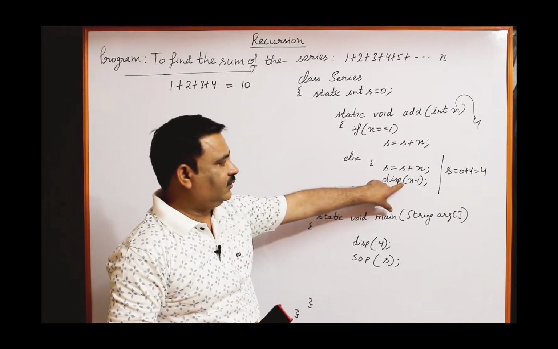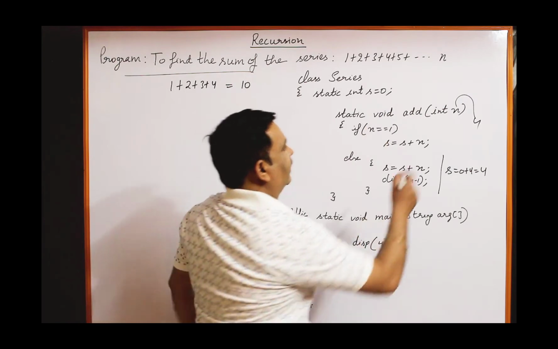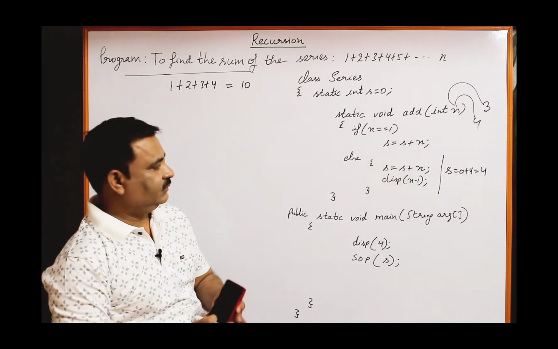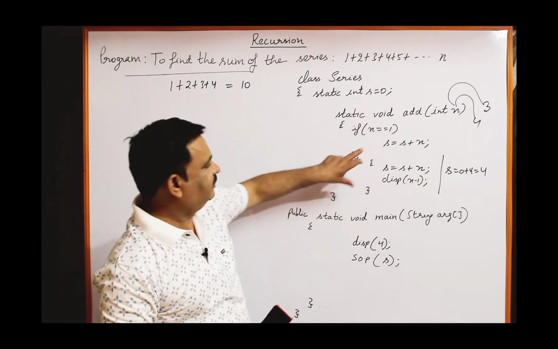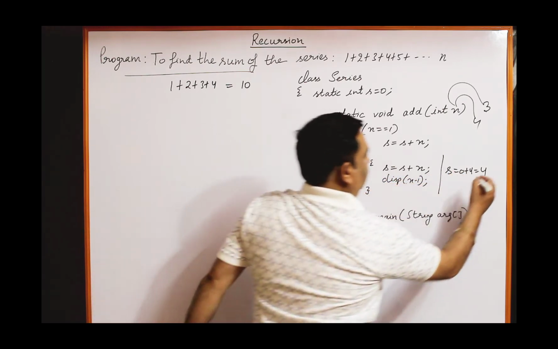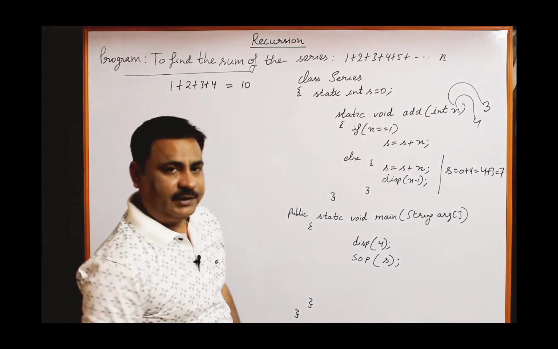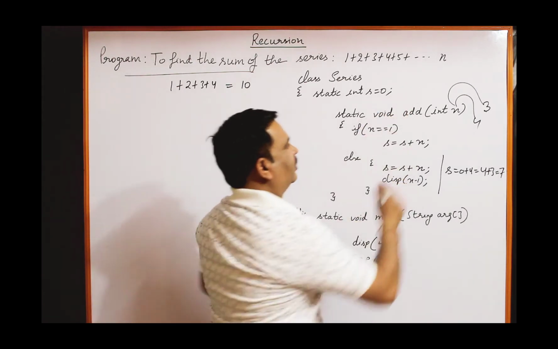Function call with 4 minus 1, 3, the second function call, a recursive call, where n is 3. Again n is not 1, the else will execute, so 3 will be added to 4. So 4 plus 3 equal to 7. Again 3 minus 1, 2, the next function call with 2.